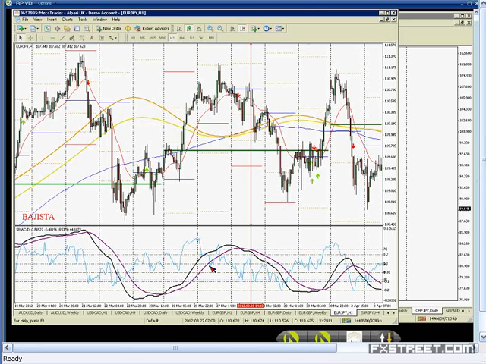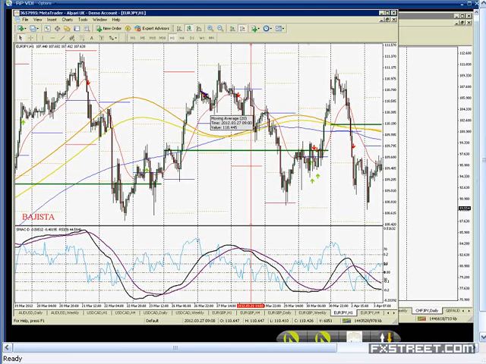But while the RSI was registering the correction in price, the trend indicator, which has much slower parameters than the RSI, is still pointing to an enlargement of momentum.